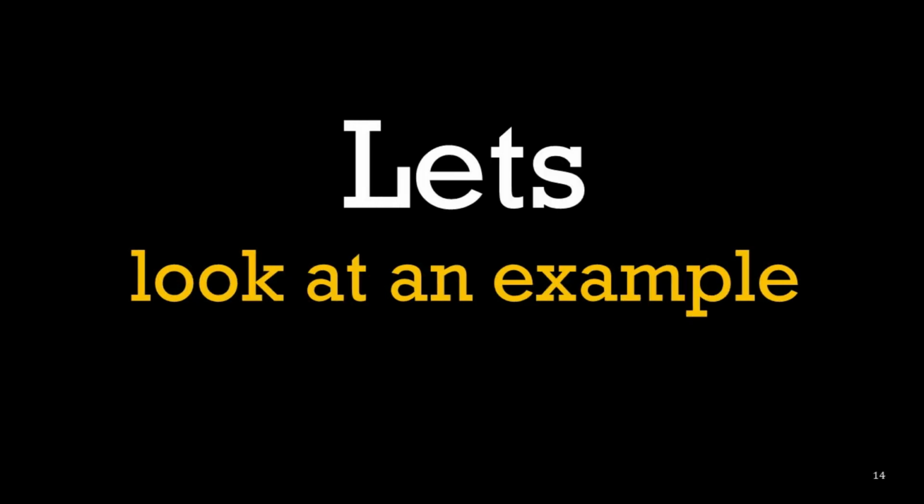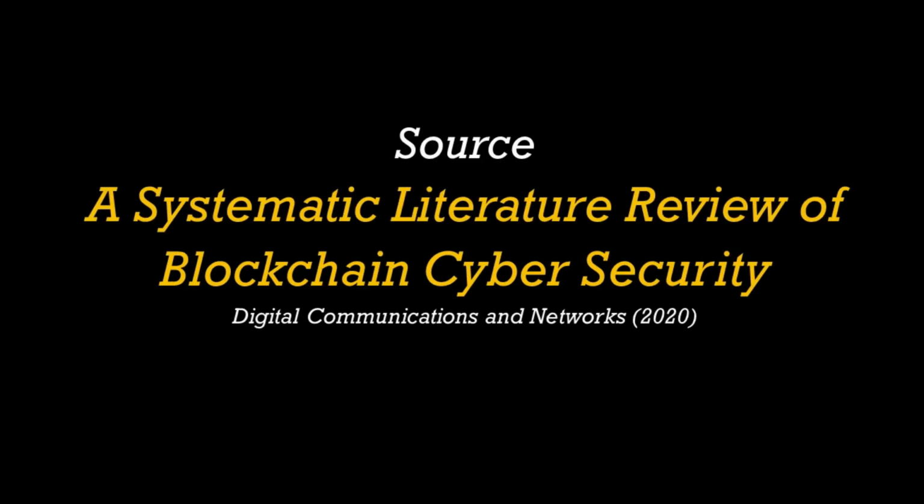Let's take an example to see how we will be doing this. The first example I have selected is a paper titled A Systematic Literature Review of Blockchain Cybersecurity, published this year in the Digital Communications and Networks journal.